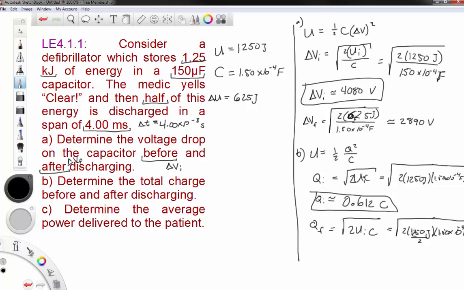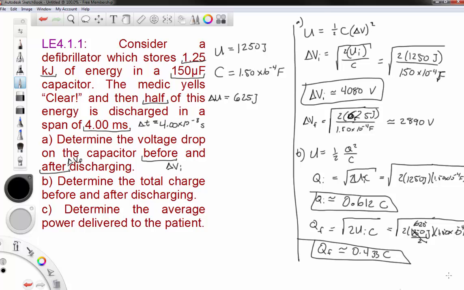And of course 1250 over 2 is again 625. So that means that the total charge finally, Q final, is about 0.4330 coulombs.